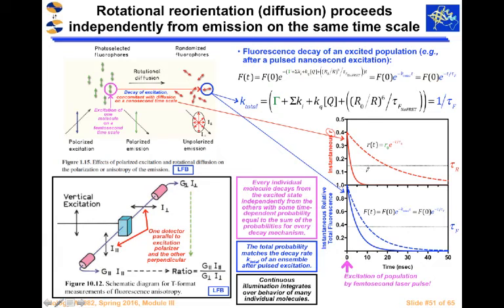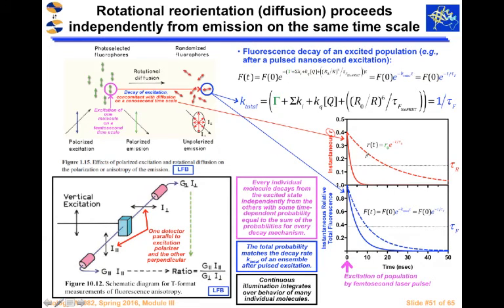But the ensemble behavior of the population will be given basically by the integration over time of that decay rate. When we look at a given fluorophore, as we talked about before, there will be a certain time-dependent probability of decay. Those time-dependent probabilities will match the first-order decay rate in the entire population. And so the population will decay according to that first-order rate constant that's shown here.